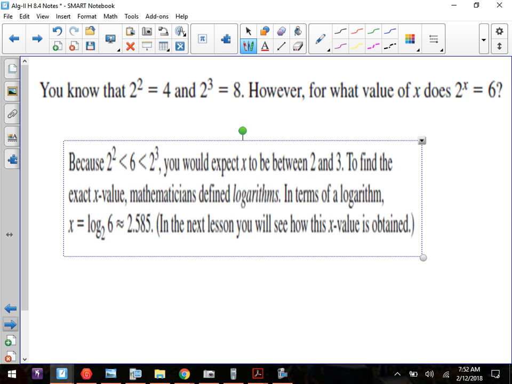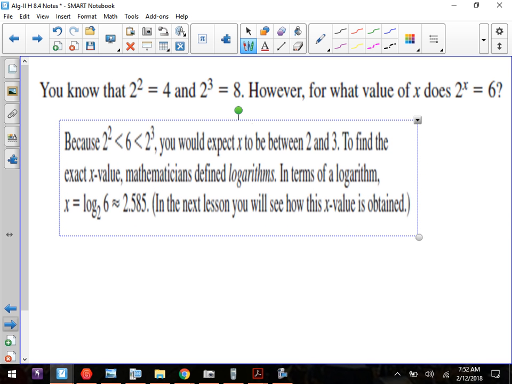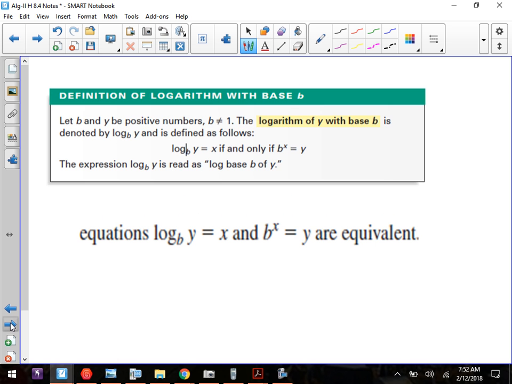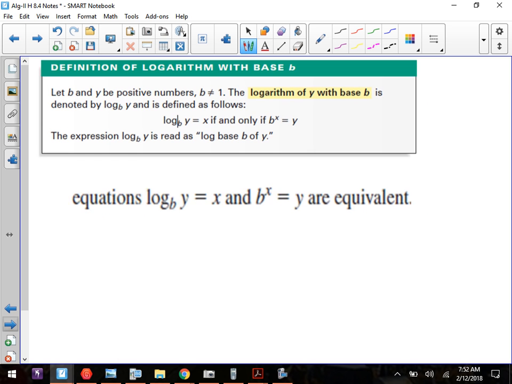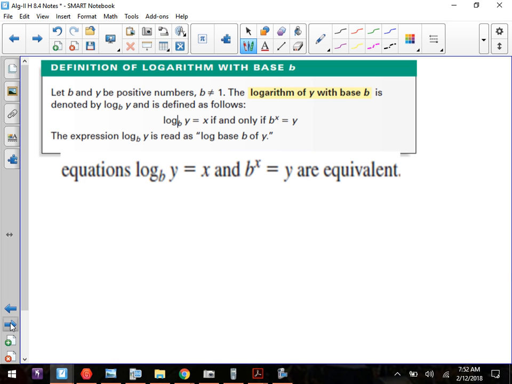You have to define something that's called the logarithm. And logarithms deal with what are called bases and exponents. So you get this thing of log base b of y equals x, which means b to the x equals y.